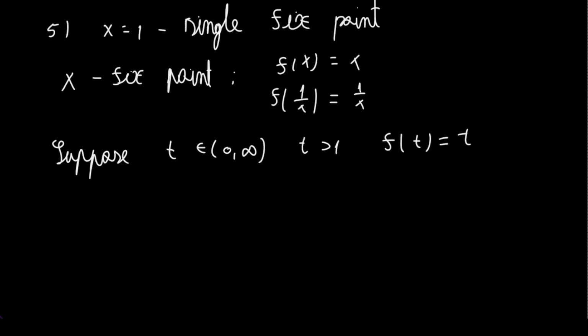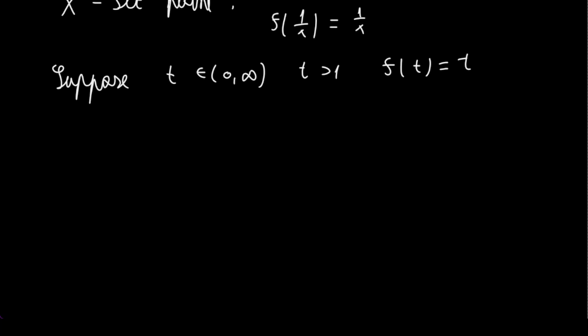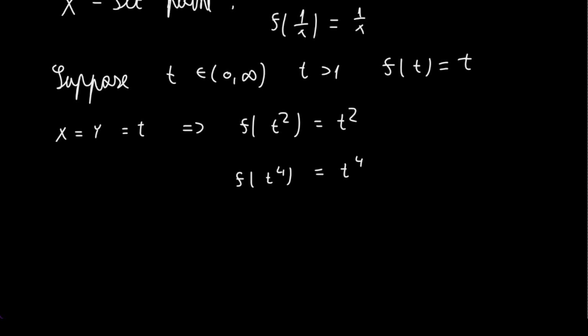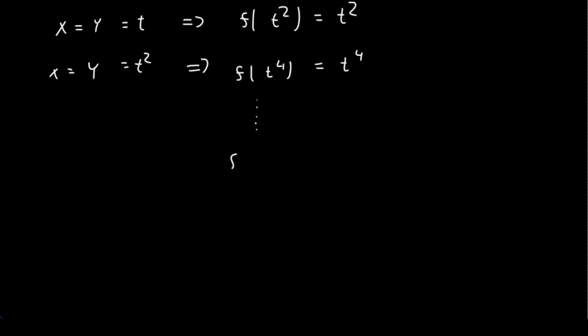I can do that because if x is bigger than 1, I'm done; if not, I will take 1 over t. And look, from the relation, if I take x and y equal with t, I will have f(t squared) equal with t squared. f(t to the power 4) is going to be t to the power 4 when I take x and y equal t squared, and so on and so forth.